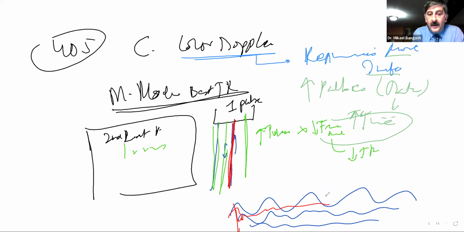What is B scanning? B scanning is mainly your regular black and white imaging, which uses more pulses. Clear? Duplex imaging is again just a term that we use for Doppler modalities.